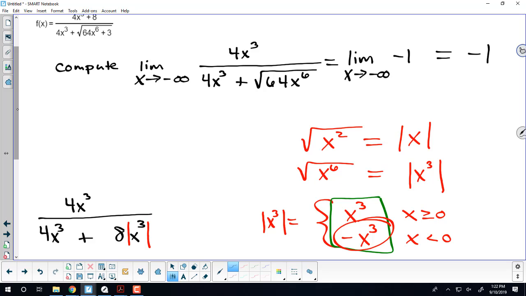So I think the most simplistic and easiest way to remember these functions that involve radicals is that if you take the square root or an even root of something and get x to an odd power, then you have to divide by both positive and negative.